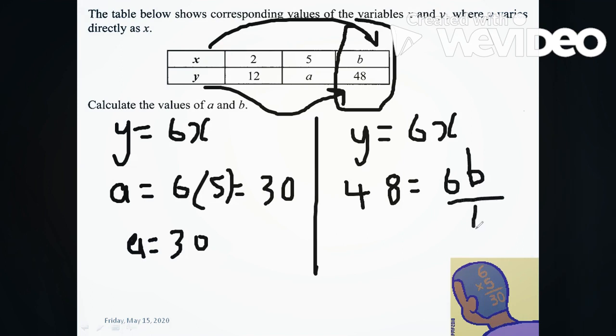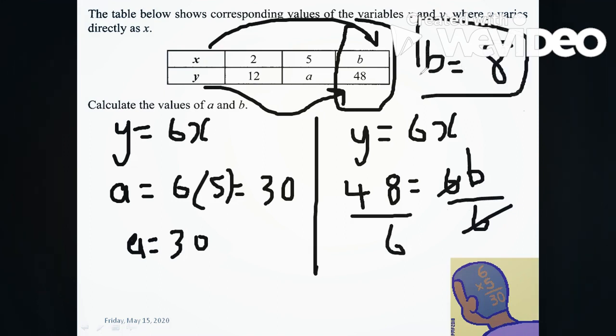So we'll divide everything by 6 to find b. So 6 into 48 equals 8. So b is equal to 8. All right, and that's how you do that question.